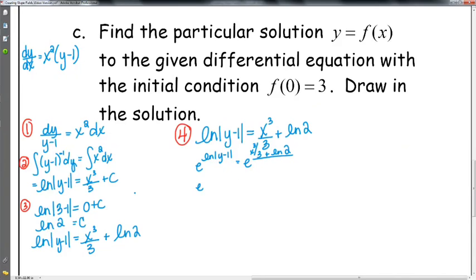So I have e to the ln of absolute value of y minus 1 is equal to e to the x to the third over 3 plus ln 2. Again, if I'm adding my exponent, that means I'm multiplying by like bases. So my base is e, so this times e to the ln of 2. Alright, now I'm in a position where I'm able to cancel. So these will cancel, and these will cancel.